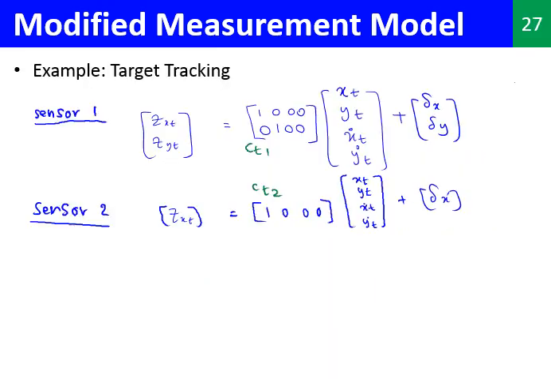So what I'm going to do is I will merge the two C matrices together to create a single C matrix. So I have my measurement vector zxt, zyt, and let's call the third one as z-xt. And I have the state xt, yt, xt dot and yt dot.